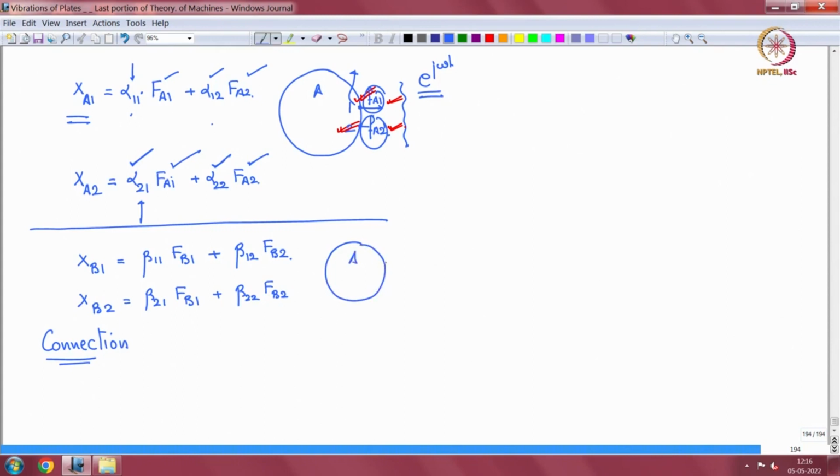So XA1 will be equal to XB1 first of all. So alpha 11 FA1 plus alpha 12 FA2 shall be equal to beta 11 FB1 plus beta 12 FB2.